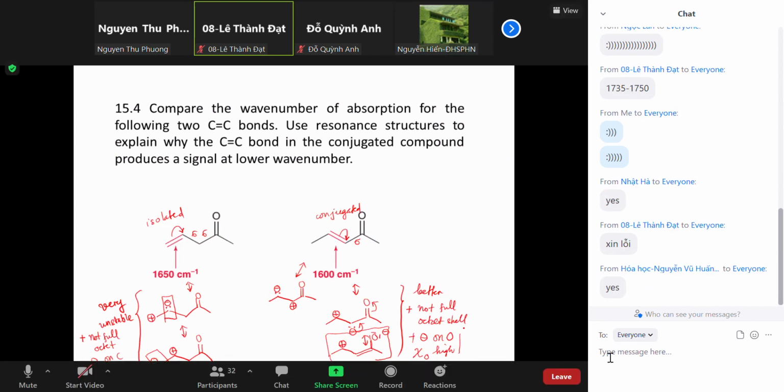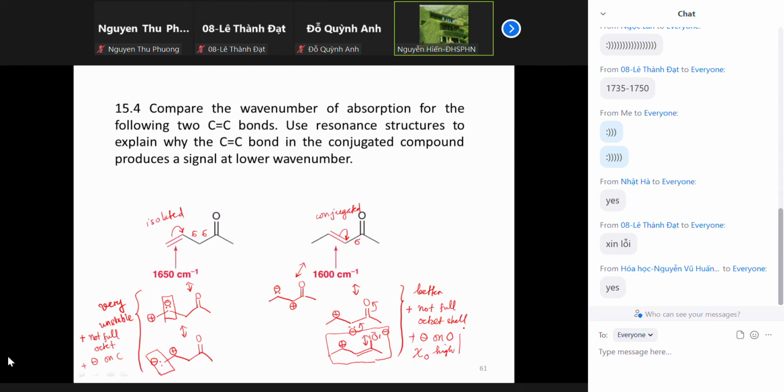Okay, which of the resonance structures contribute much to the real structure? So this one contributes much to the real structure.